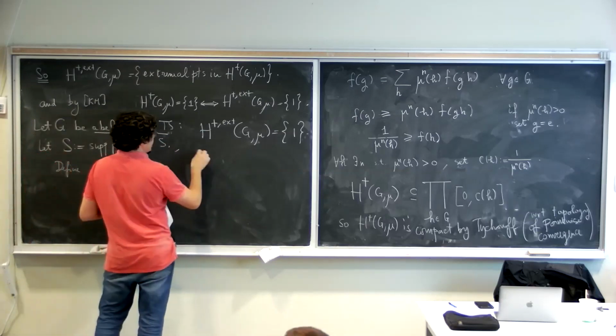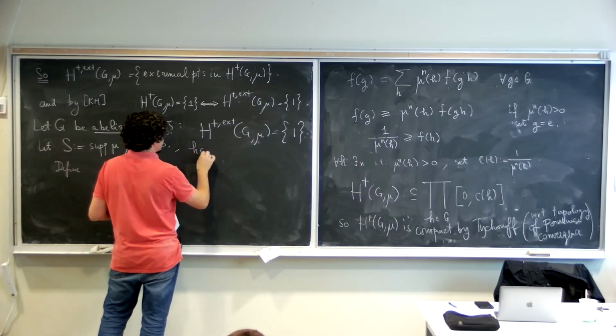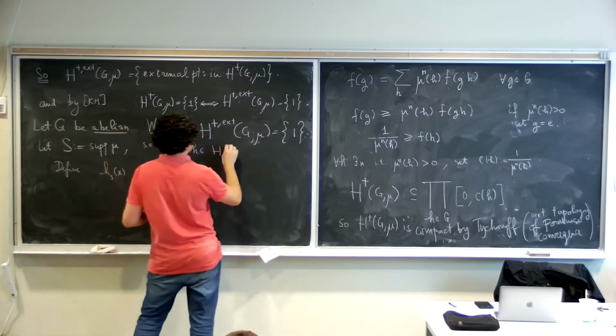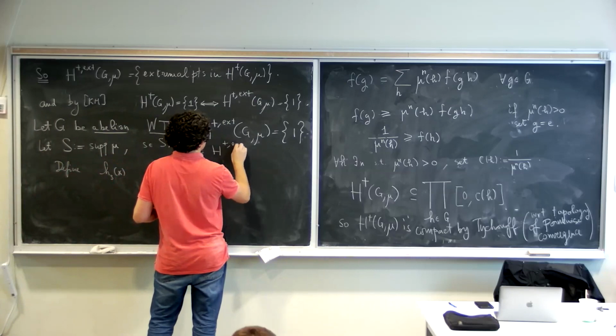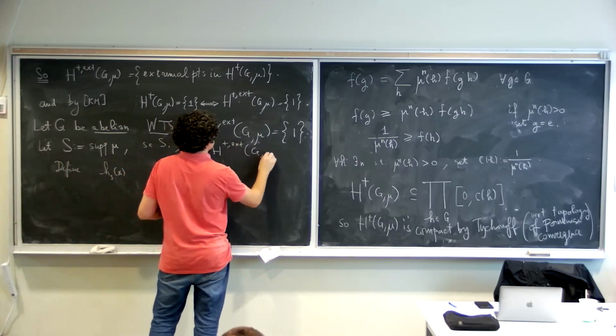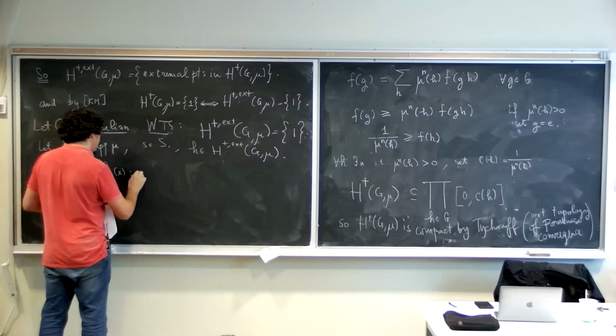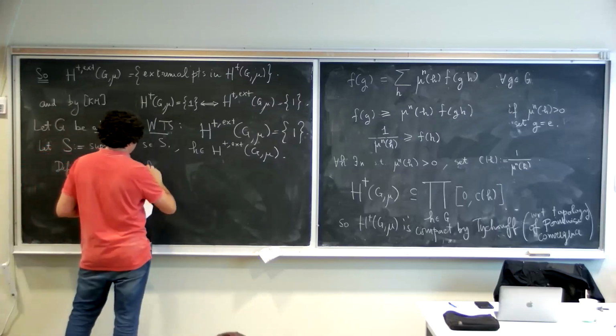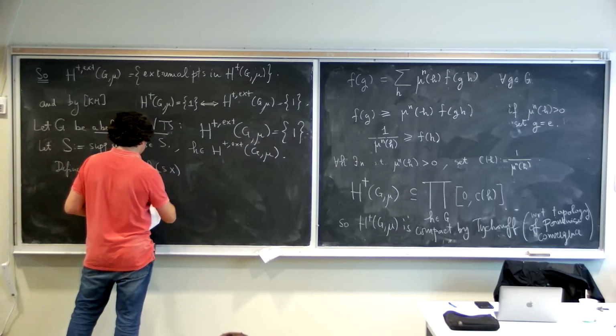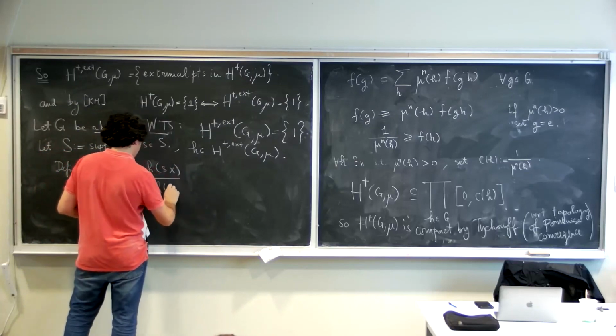We pick H in this space of harmonic functions. And then we define the following modified function, which is H of Sx times H of x.